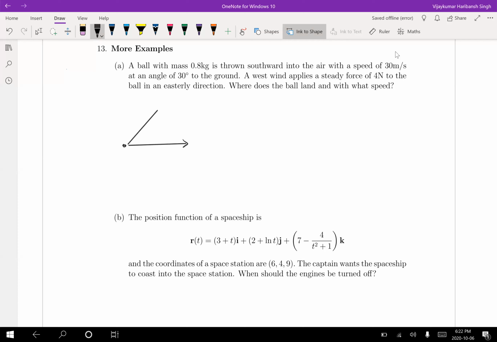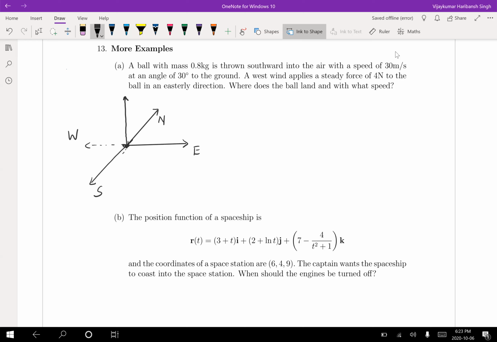This direction is north, east, west, then south will be this direction here. This is south, and then up is this direction.